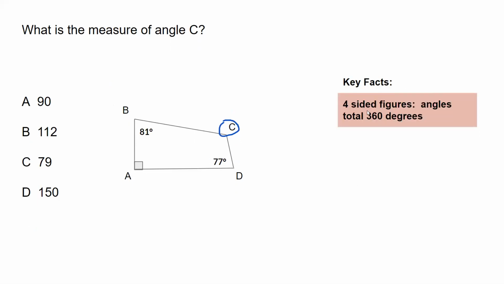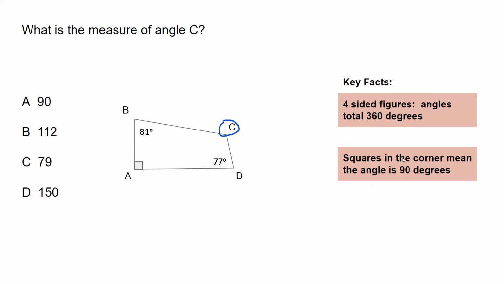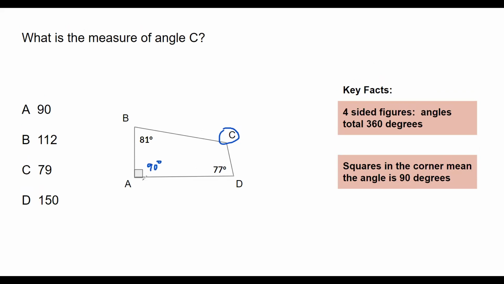The first fact that we're going to use is that four-sided figures, the angles total 360 degrees. But a square in the corner means that the angle is 90 degrees. It's sort of a shortcut notation so that we can communicate that that's 90 degrees.